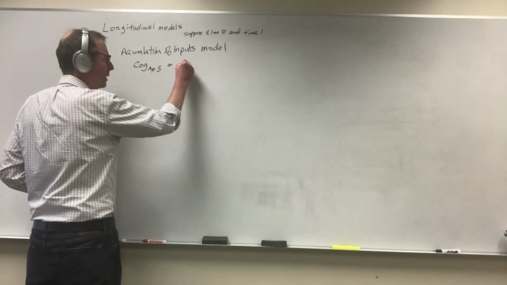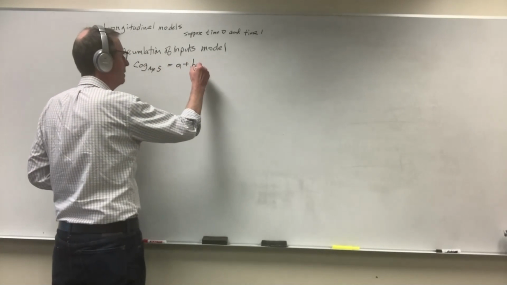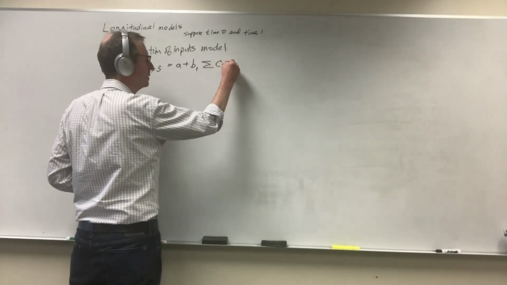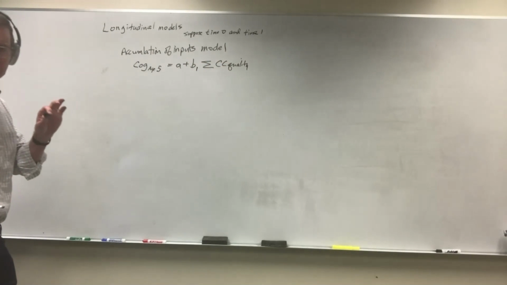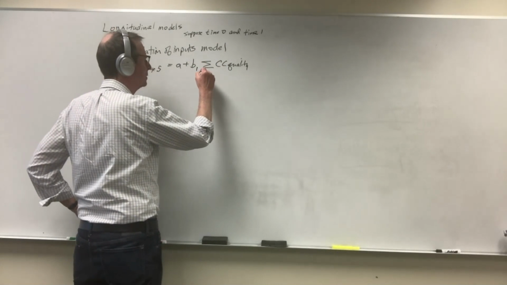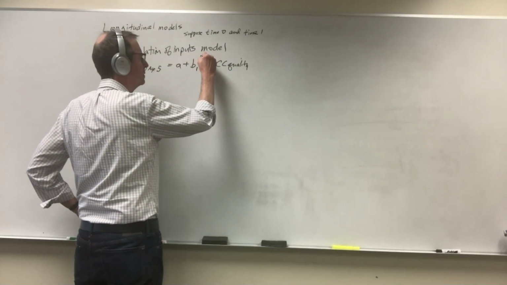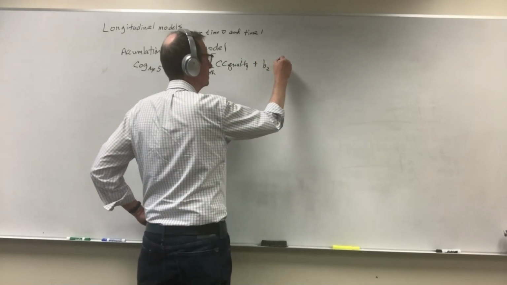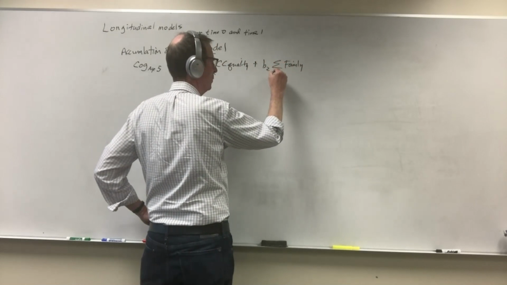So, in the conceptual model, we want to add up childcare quality. I'll keep saying CC, but we're switching from being in center-based care to quality, from birth to age 5, plus an accumulation of family inputs from birth to 5.